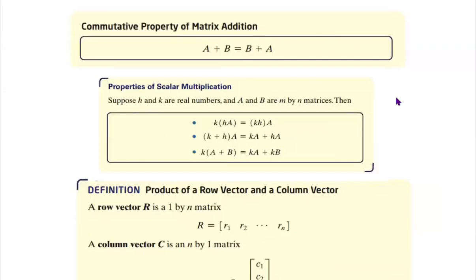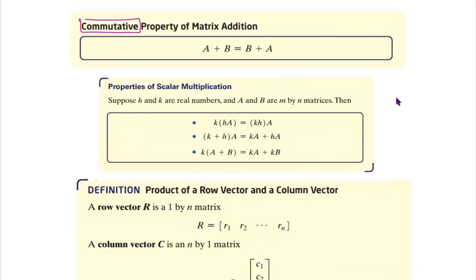Now, as we know that we can add and subtract matrices, and we know that some of the properties in real numbers apply to some of the properties in the set of matrices, but it's not all of them. So one of the things that works in the set of matrices is the commutativity of addition.